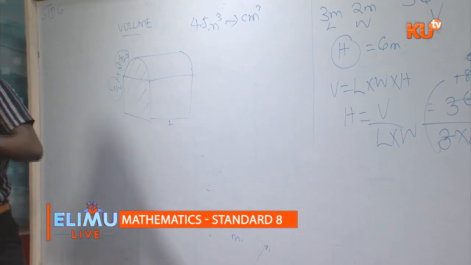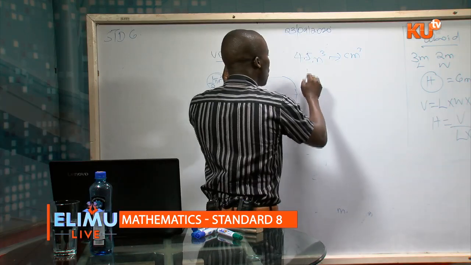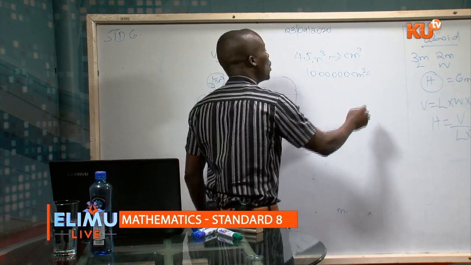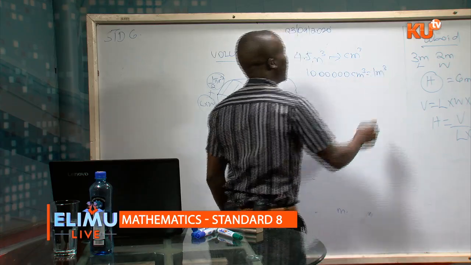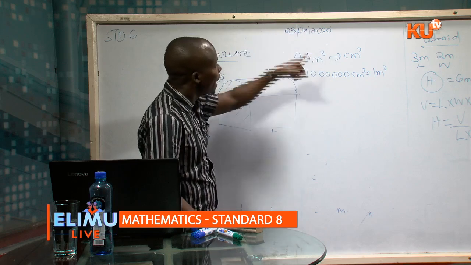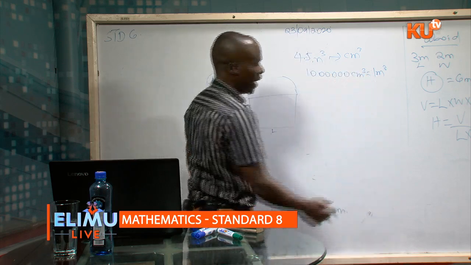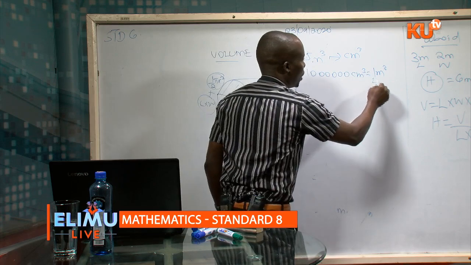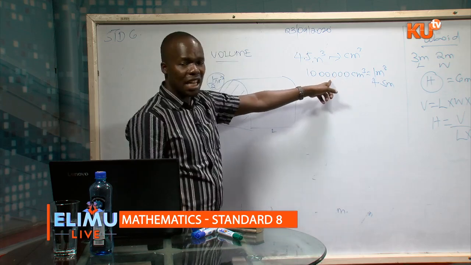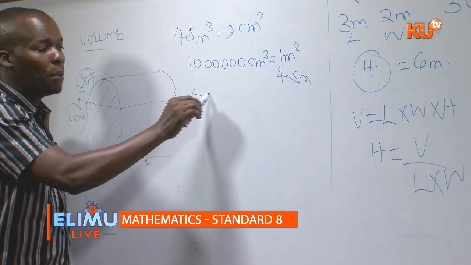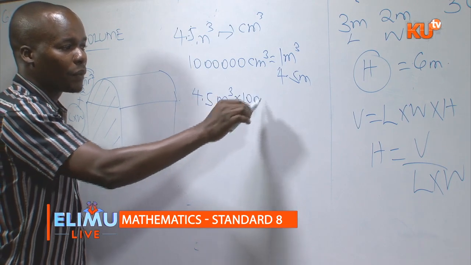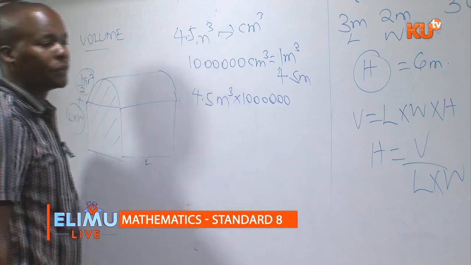Now here, get back to what I said earlier, that 1 million cubic centimeters is equal to 1 cubic meter. Get that one from Kajiado, right? So, you are asked this. Get it now to where it belongs. Which side do we have the cubic meters? It's this side, 4.5, right? And whatever is here, multiply by what is here. So we will have 4.5 meter cube times 1 million.